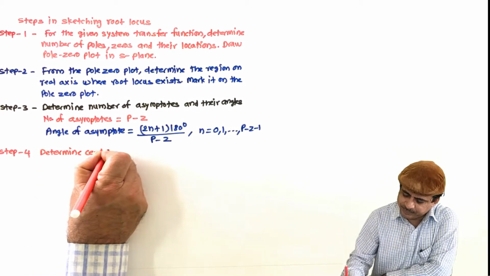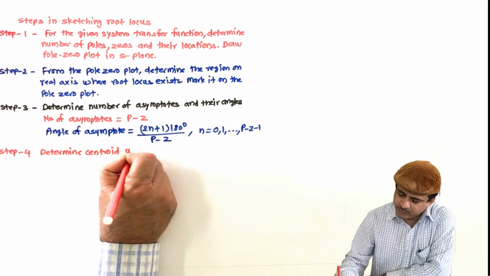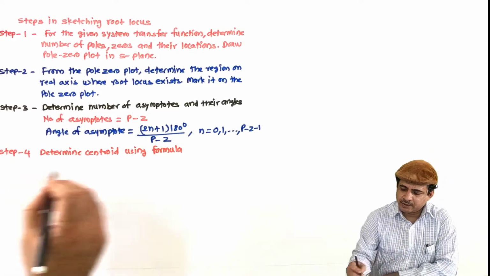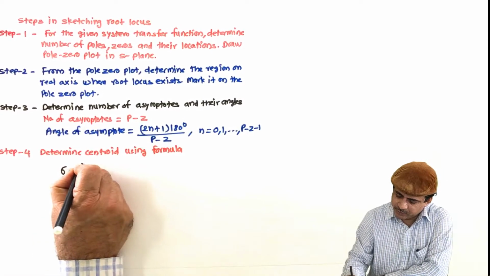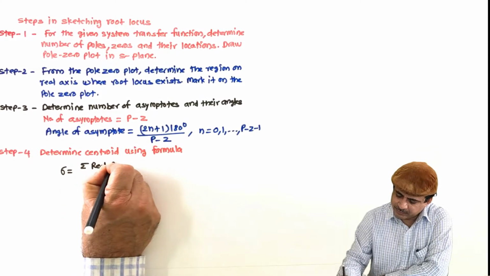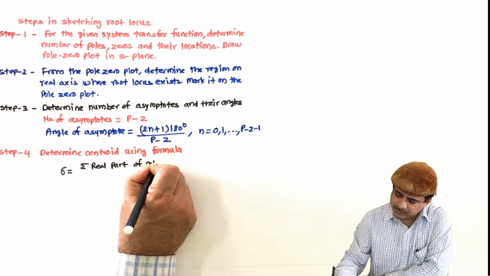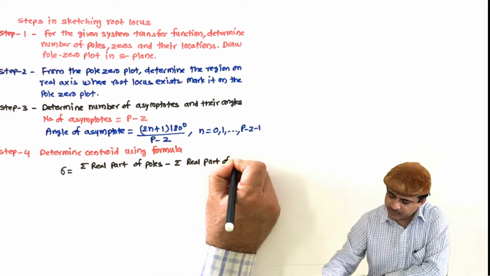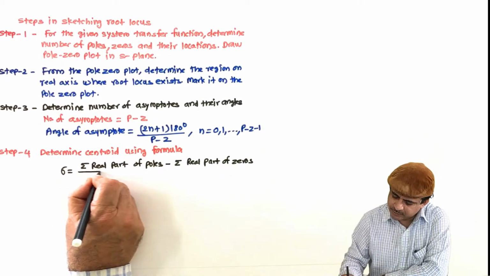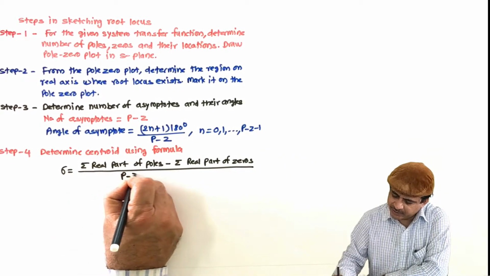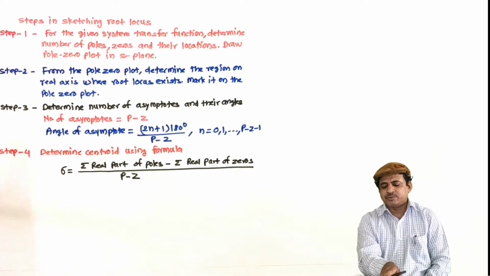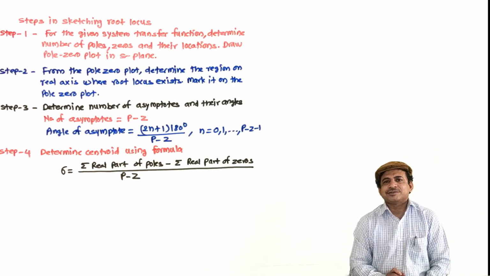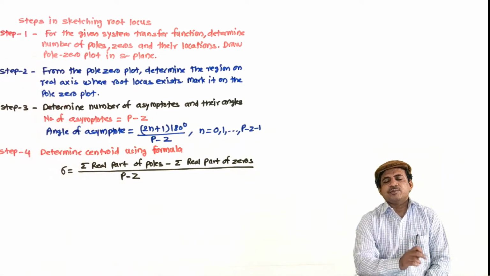Determine the centroid using the formula: centroid is equal to summation of real parts of poles minus summation of real parts of zeros, upon P minus Z. So the entire information required for steps 3 and 4 is determined in step number 1, because from the locations of poles and zeros we find their real parts, and P minus Z is also obtained from step number 1.